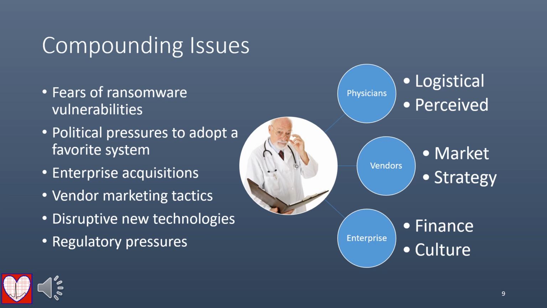Compounding issues might include fears of ransomware vulnerabilities, political pressures to adopt a favorite system, enterprise acquisitions, very common, vendor marketing tactics, disruptive new technologies such as AI, and regulatory pressures. Additionally, we could have an entire lecture just covering sanctions for non-compliance, but we'll save that for another day.